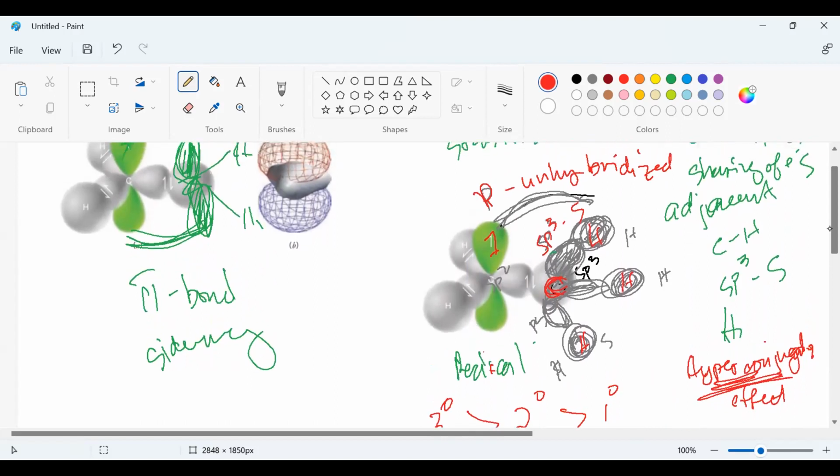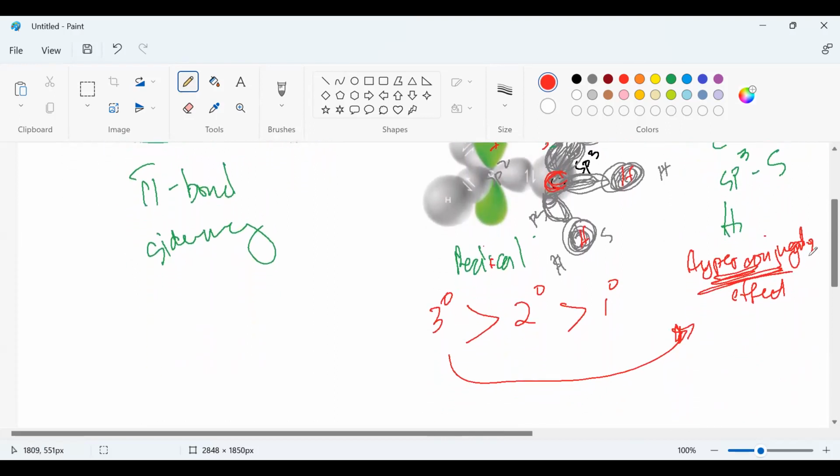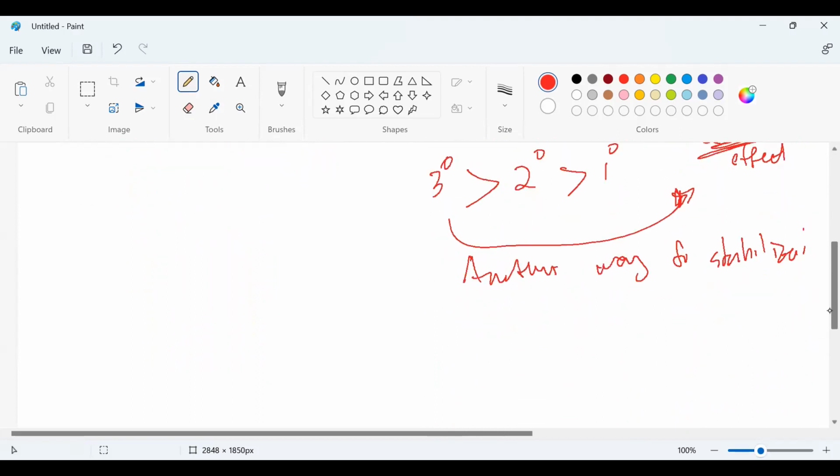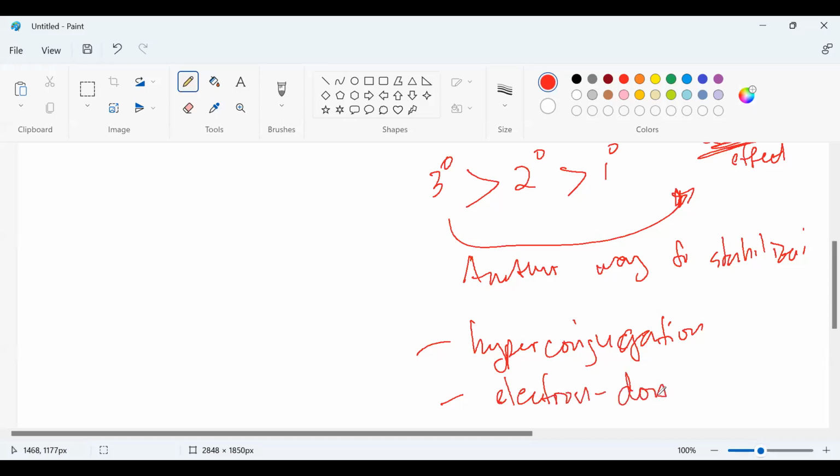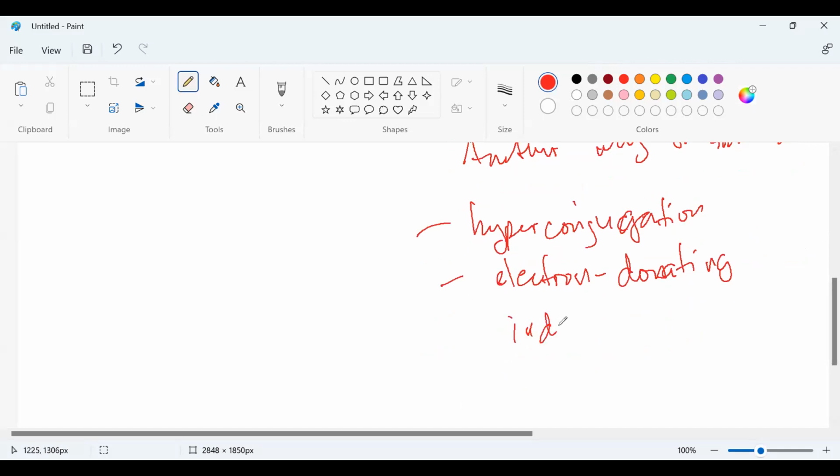And another way to stabilize your radical, aside from hyperconjugation, is the electron donating inductive effect.